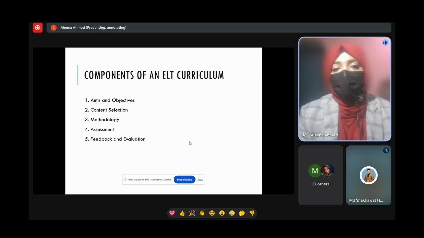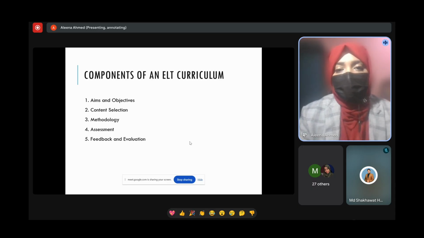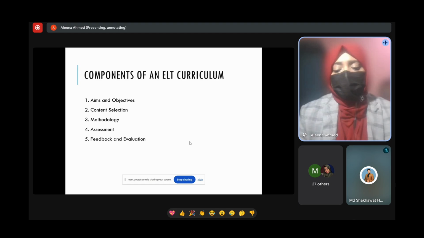So we can do this in some other methods as well, like task-based language teaching. We can create some exercises. We can create some activities that are learner-centered, despite just following the grammar translation method that is very old and very traditional.